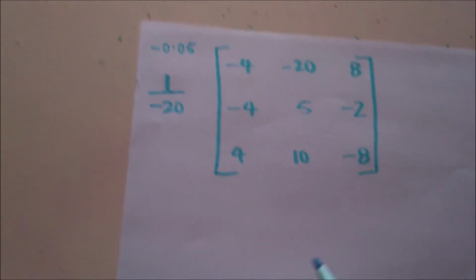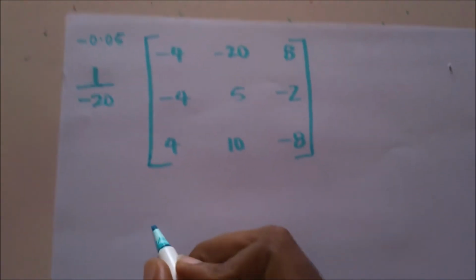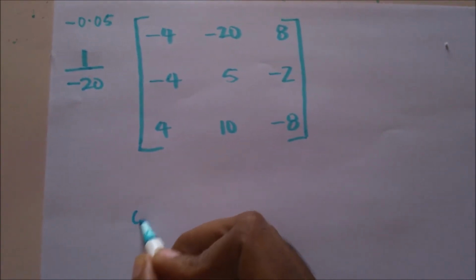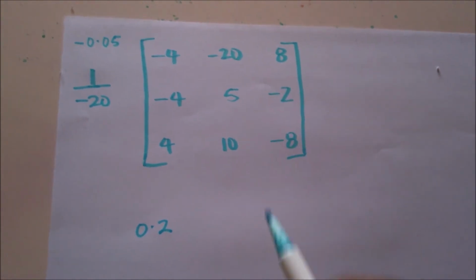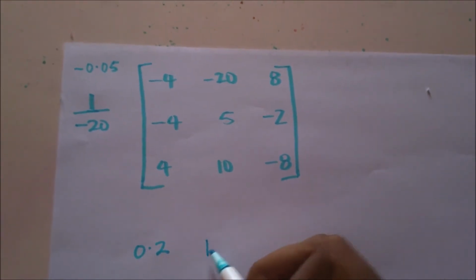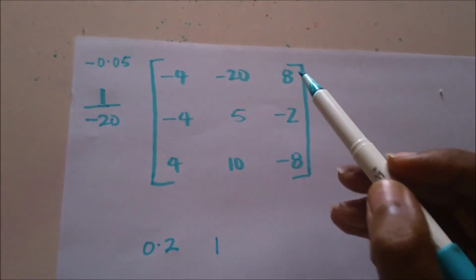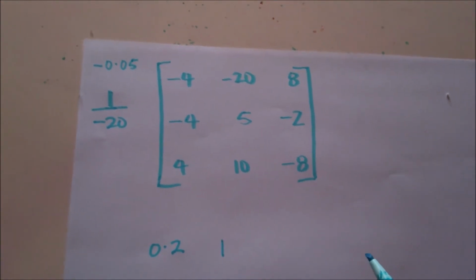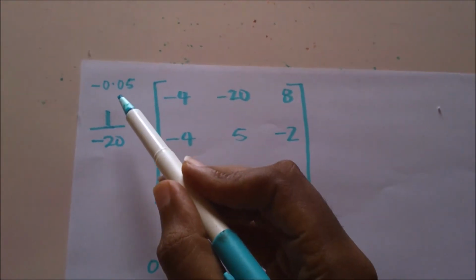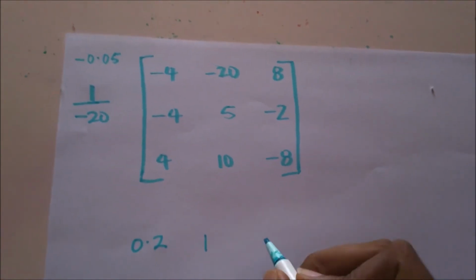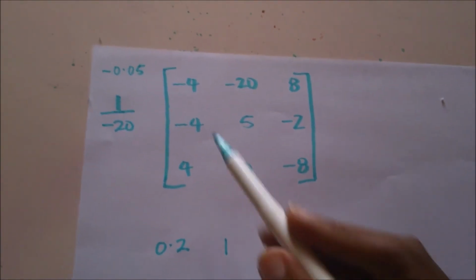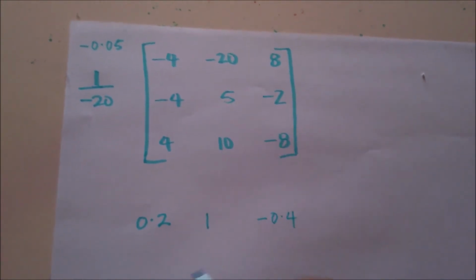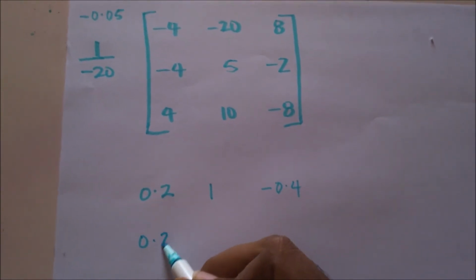So -0.05 multiplied by 4 gives us +0.2. Multiplied by that gives us +1. Multiplied by -0.05 multiplied by +8 gives us -0.4. Multiplied by -4 gives us +0.2.